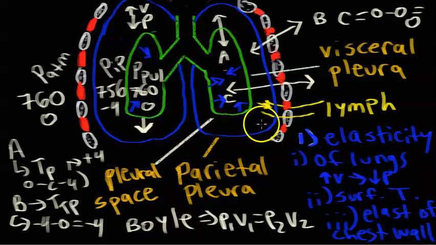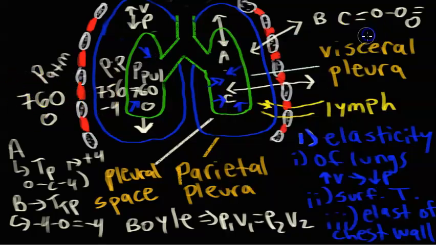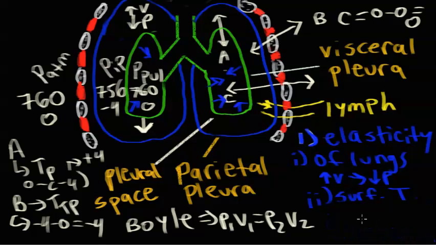now the last one, let's actually do it in a different color, so you guys can see it better, because the first two were collapsing forces. This last one is actually a force that's going to cause the parietal pleura to expand.